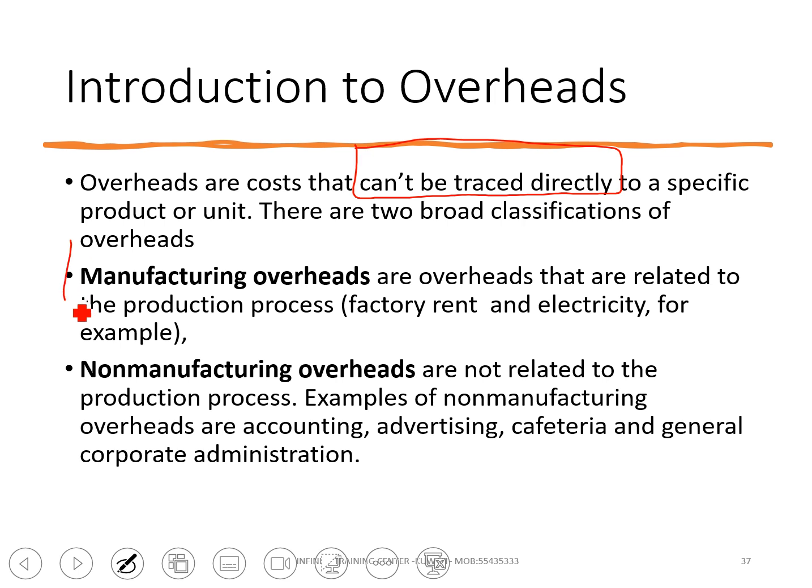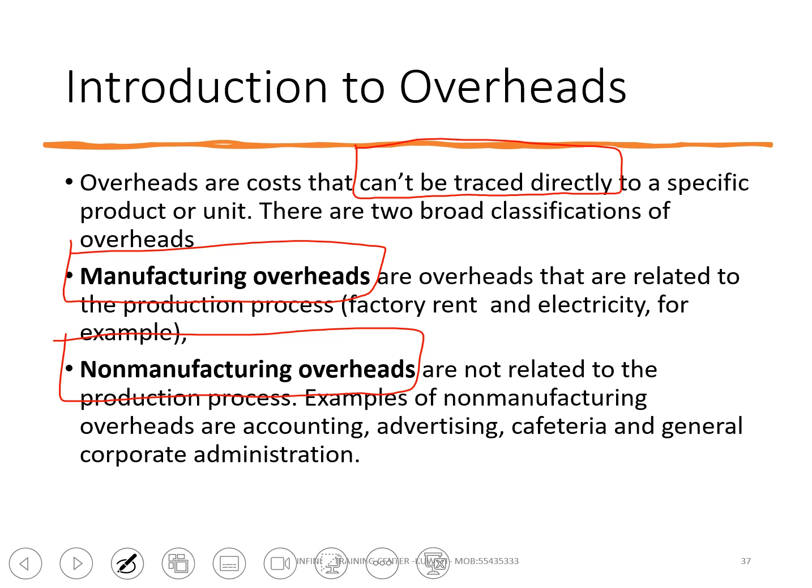And these overheads can be of two types. One is manufacturing overhead, the other one is non-manufacturing overheads. Manufacturing overheads are overheads incurred during the production process, and non-manufacturing overheads are the cost that is not related to your production process. That is the only difference.